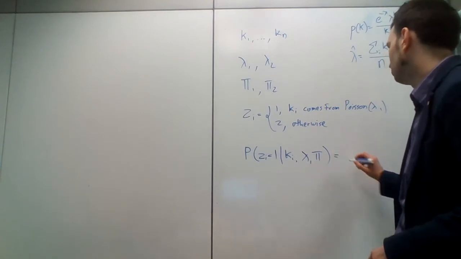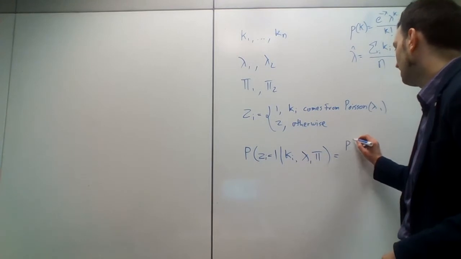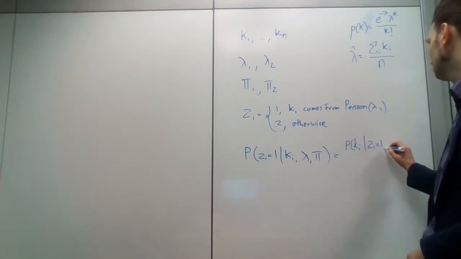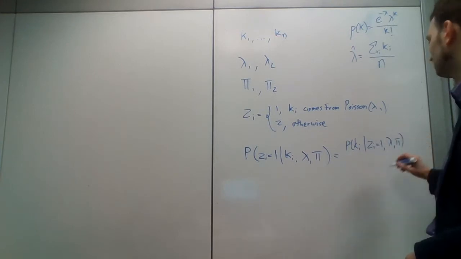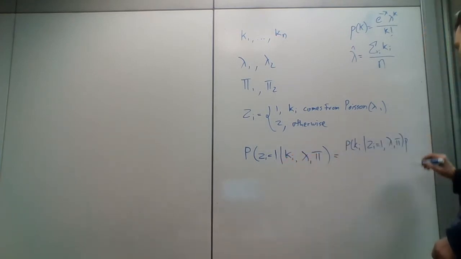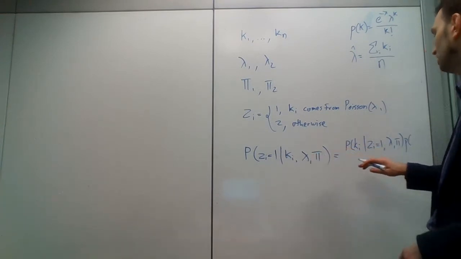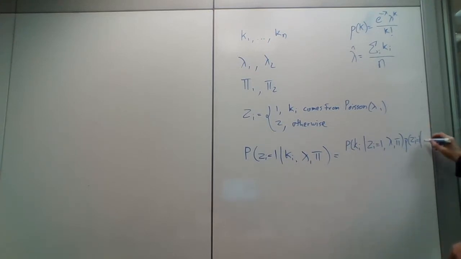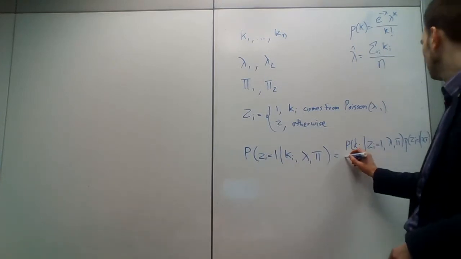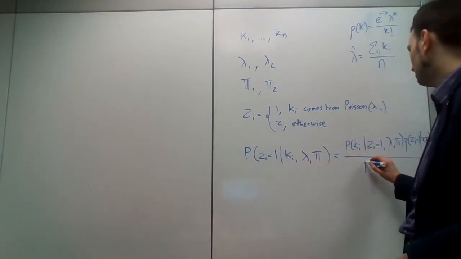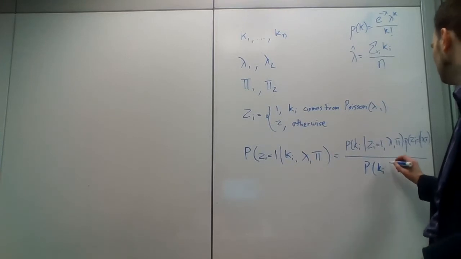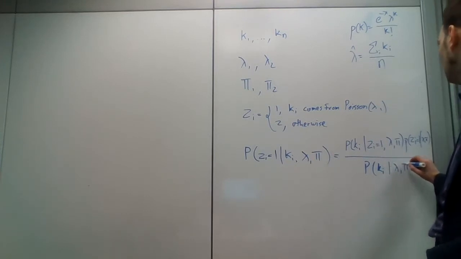So what is that going to be equal to? This is going to be equal to the probability that ki is occurring given that zi is equal to 1, and of course lambda and pi, times the probability that zi is equal to 1 given lambda and pi, divided by the probability that ki is happening, given again lambda and pi.